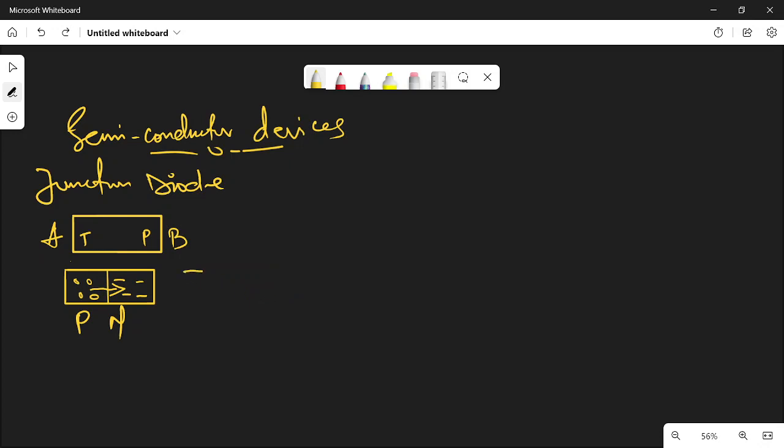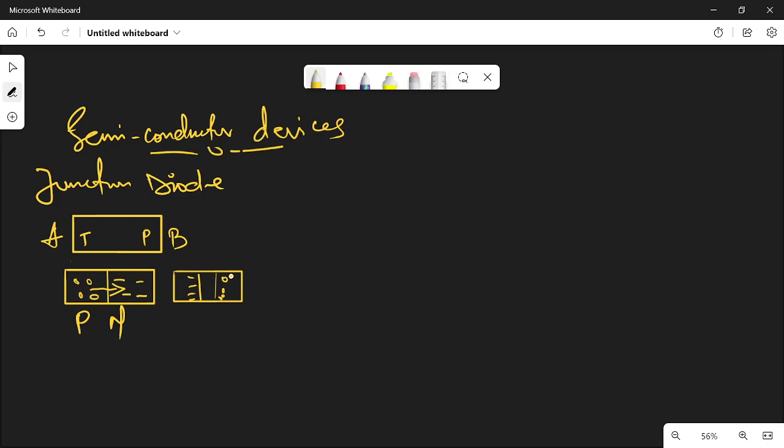So you can therefore have something like this. So here now we are going to have electrons moving down to this side, then we have holes moving down to this side. Are we together now? Because of that interaction between them.